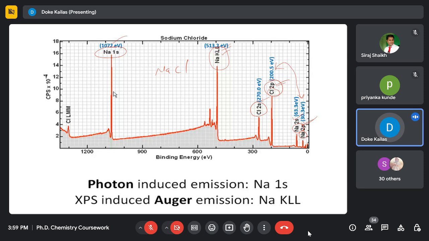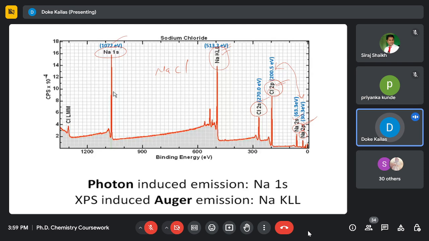Next, in terms of energy level, we normally know the vertical. In the case of sodium, in the previous slide, this is a sodium 1s electron, 1s2. When X radiation is incident, the electron is ejected and comes outside the system.